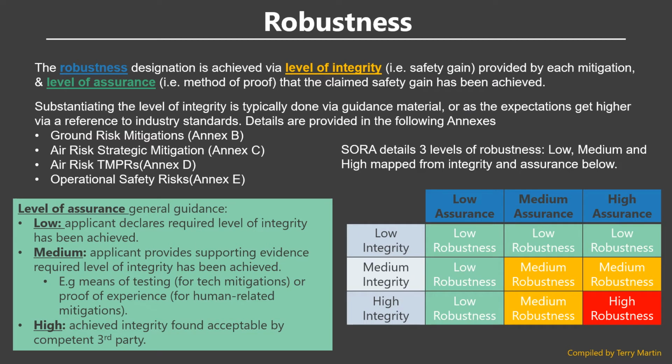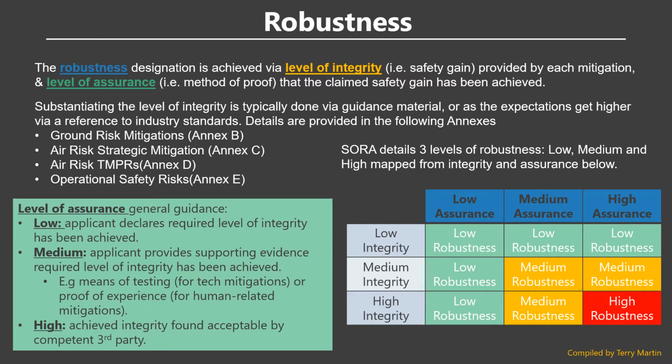Okay, robustness. I've alluded to it a little bit, and I won't labour this too much. It's largely there as a slide for further review. But basically, as I mentioned, robustness is achieved by a level of integrity, which is kind of the safety gain, and level of assurance, which is how you go about proving it, and embedded in that is who checks. My simple explanation is that integrity is how tough the performance spec is, whilst assurance is who checks and how much evidence.